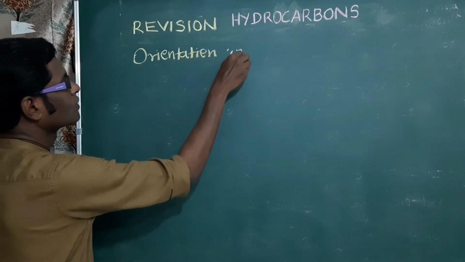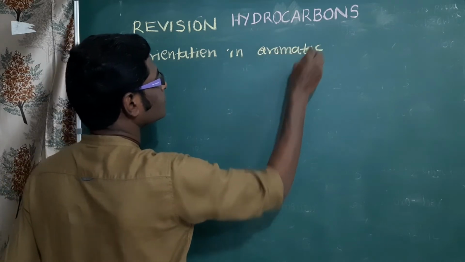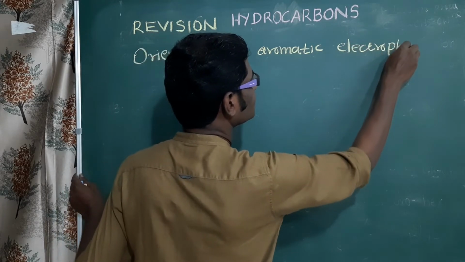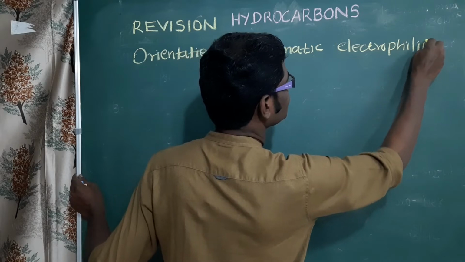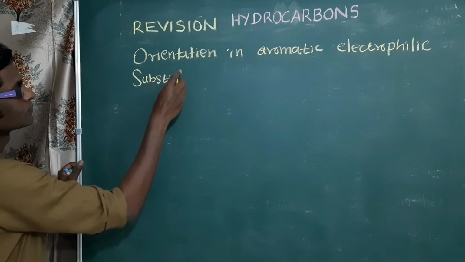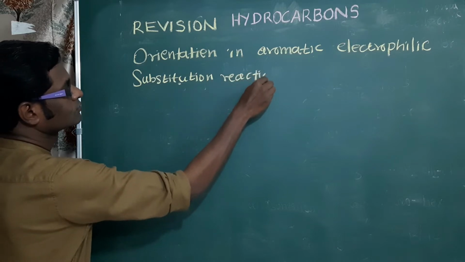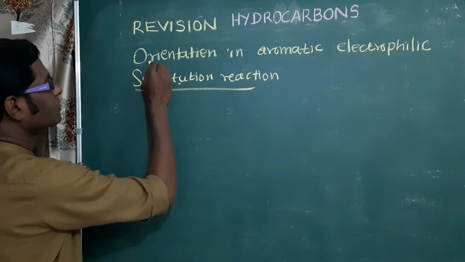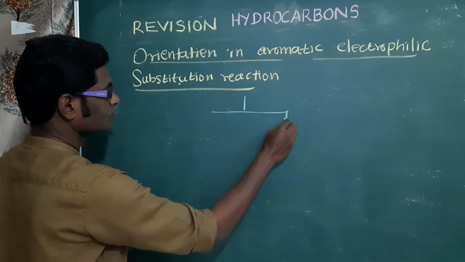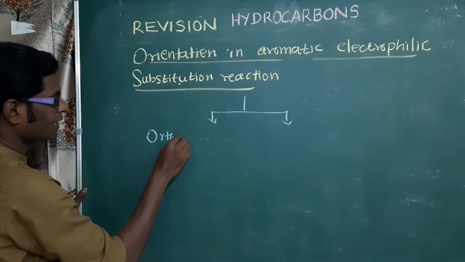Orientation in aromatic electrophilic substitution reaction. This orientation can be classified into two types. Ortho-para directing groups.